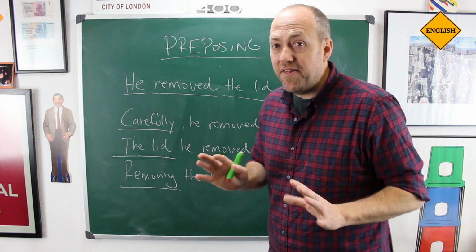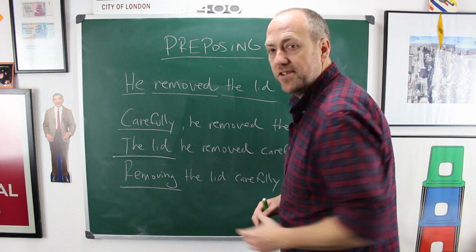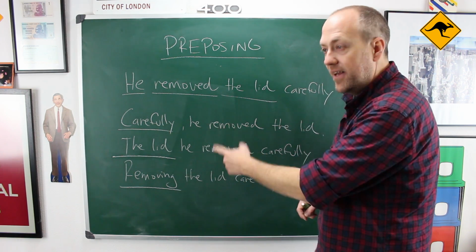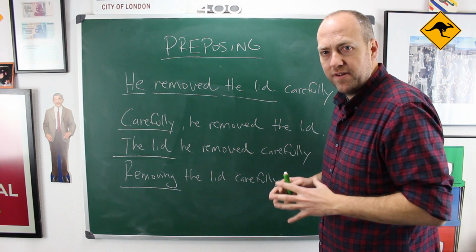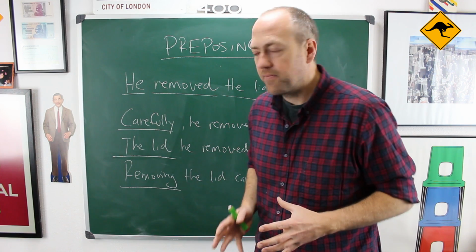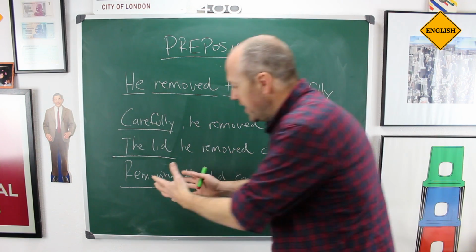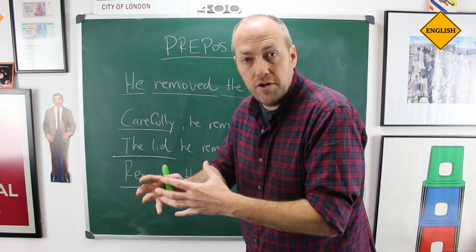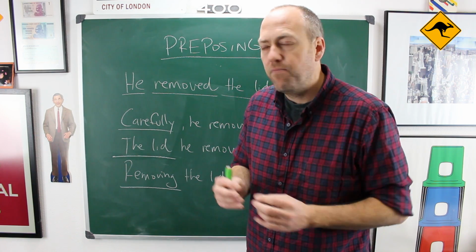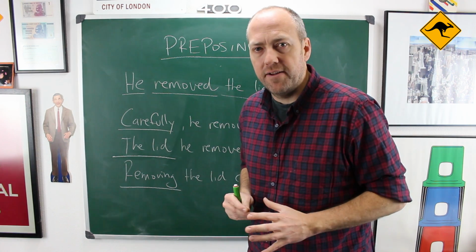Here, and this is a very radical change, we have the object at the beginning. The lid he removed carefully. So our focus is on the lid. And finally, removing the lid carefully. Here, when we use the verb at the beginning of the sentence, we are focusing on the action of removing.